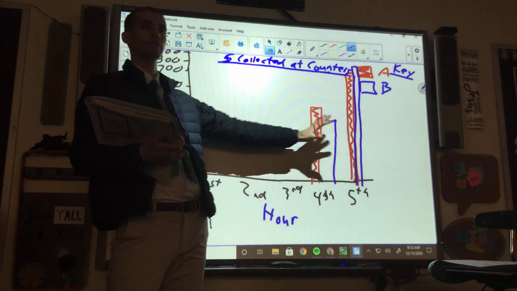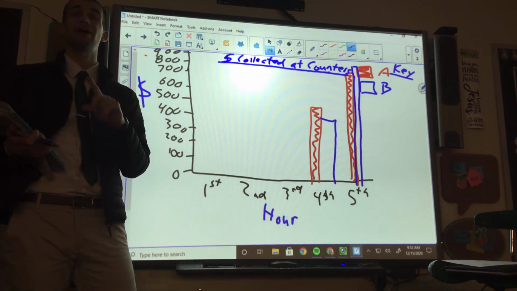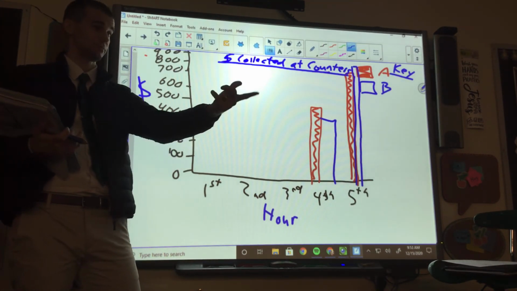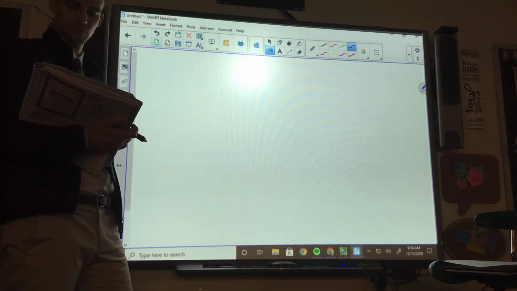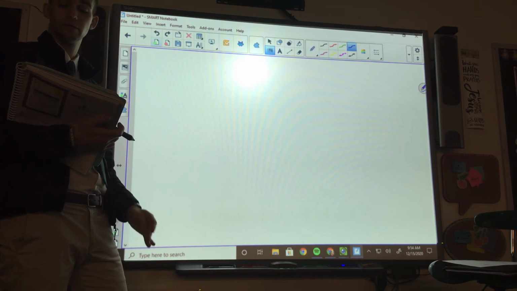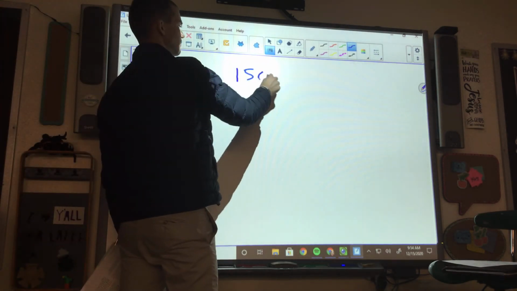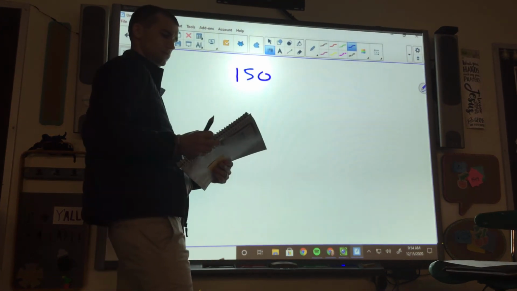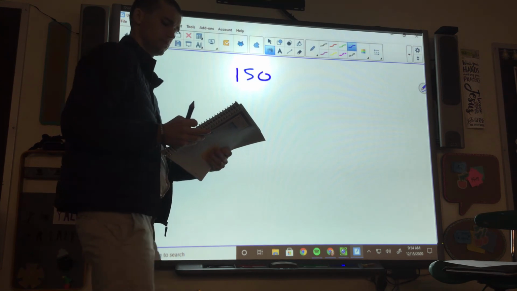So do I need the graph for this? It said average amount collected per hour at B. Well, the average is probably like $100. No, at B. 150.